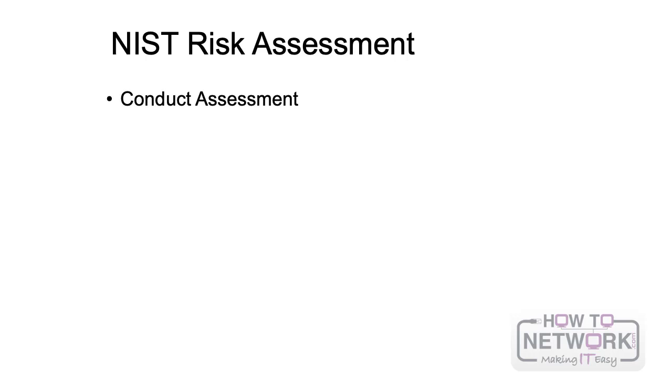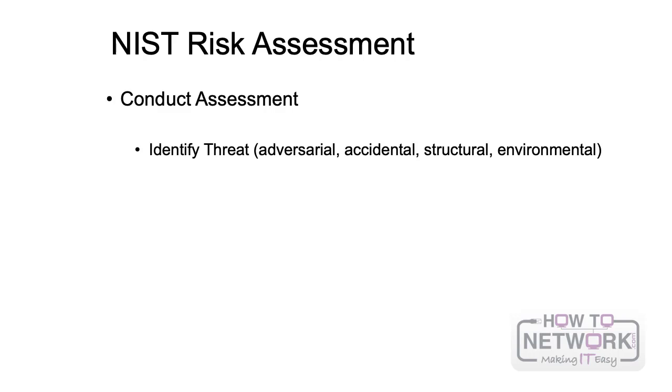Well, basically, we're going to conduct assessment by identifying the threat. So it's the same idea as we saw before, but now you have to consider 4 different threats: adversarial, accidental, structural, and environmental. Adversarial is the most obvious one.